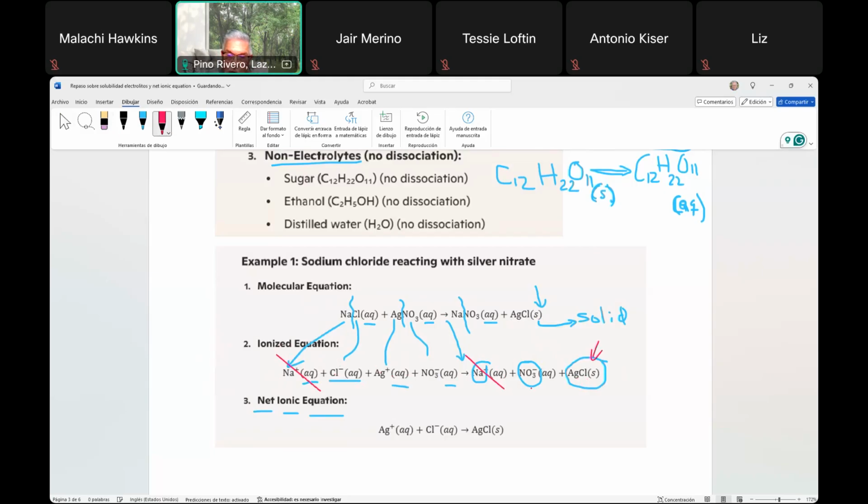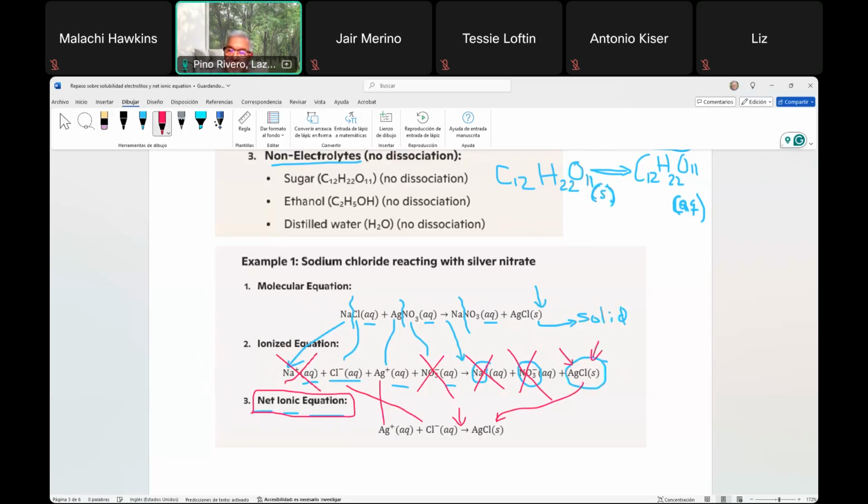Silver is a spectator? No, because here is in the solid. Nitrate is a spectator? Yes, then I cancel the spectators. And then the net ionic equation is the rest. Chloride, silver, single arrow, and the solid. And this is the net ionic equation. Okay?